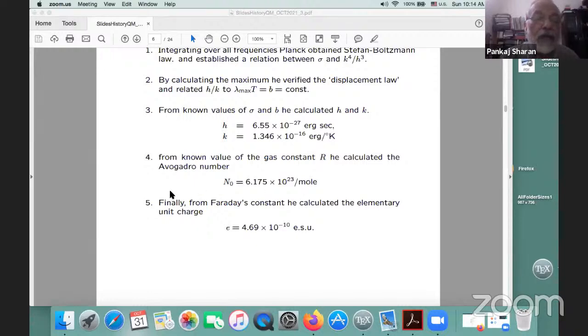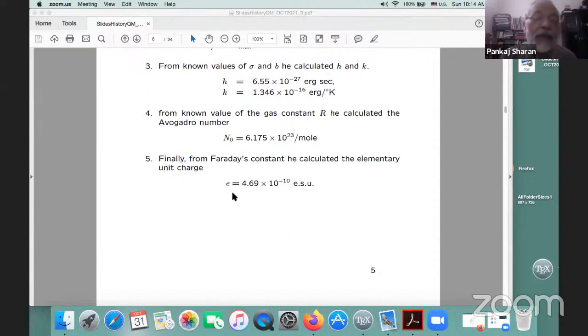And from Faraday's constant, which is about how much charge is deposited in electrolysis per mole, that is, if N0 molecules of charge 1 or electrons of charge 1 are taken together, then the elementary unit of charge was obtained as 4.69 into 10 to the power minus 10 ESU.